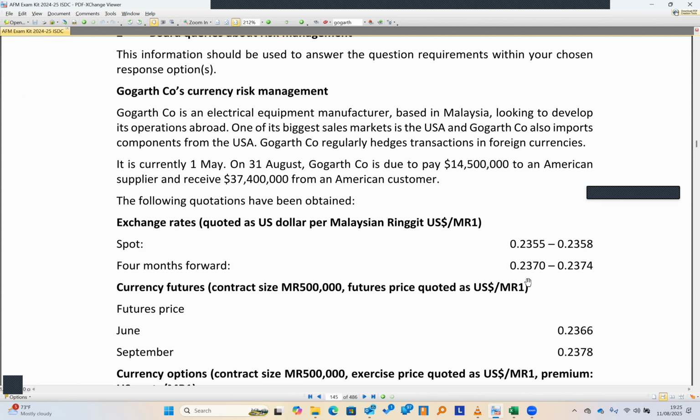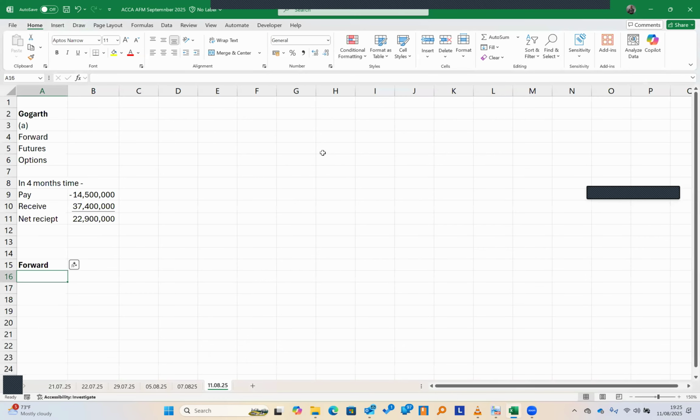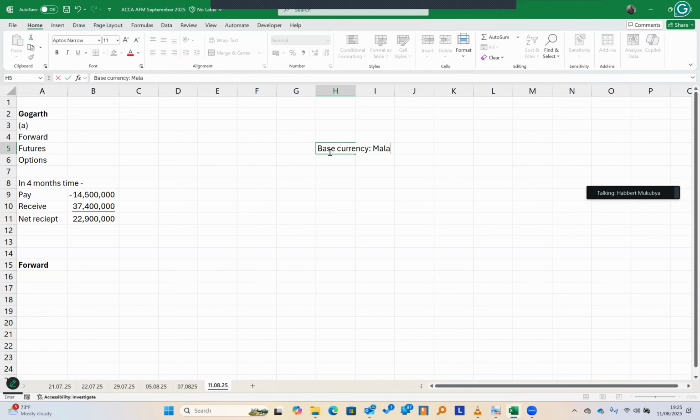So first of all, we said we first know the base currency is the Malaysian ringgit.